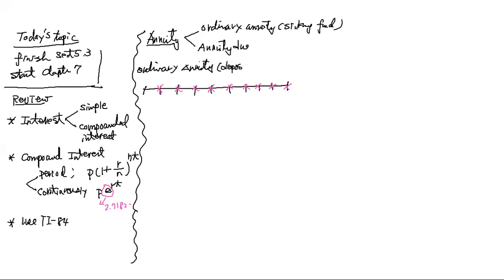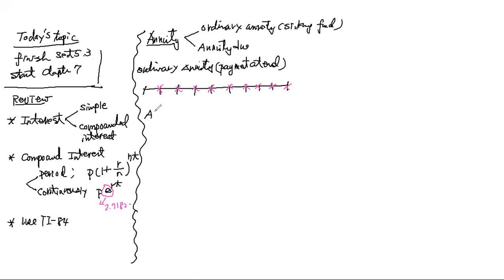Instead of deposit, maybe payment would be better. So this is the payment at the end of your period. That means if you do quarterly, then you deposit a certain amount every quarter.